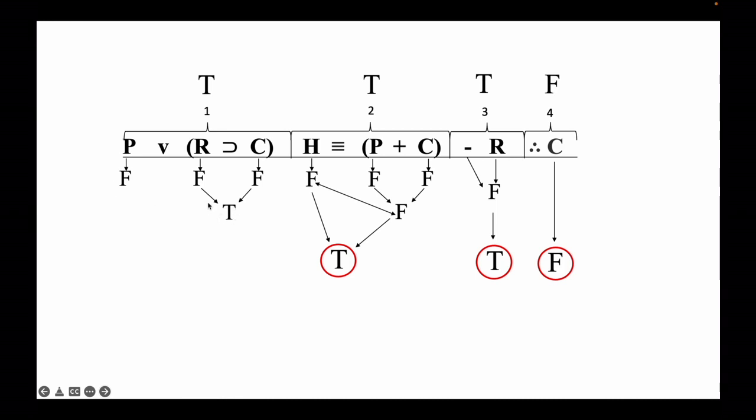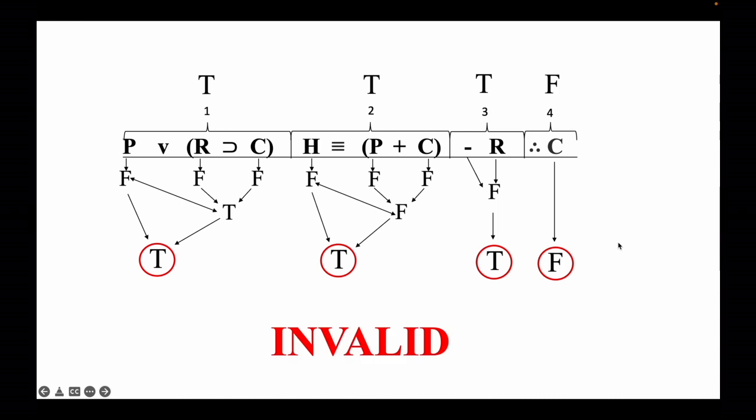But in this case, we have P is false and if R then C is true. And false and true in a disjunction render the premise true. And once again, I was able to confirm that it is possible that the premises are all true and the conclusion is false. So what does that mean? It means that the argument is invalid.